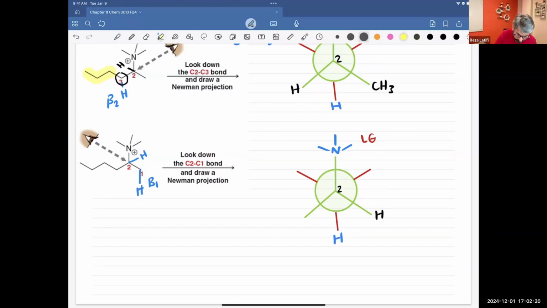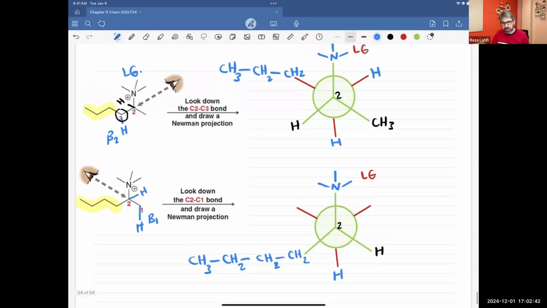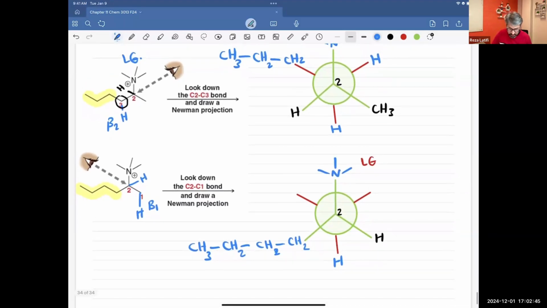Wherever you want to put it is up to you, right or left. I'm going to put it on the left side, so I get CH2, CH2, CH2, and then CH3. So now I have a butyl technically instead of a propyl. And on carbon number 1, I have 3 hydrogens.